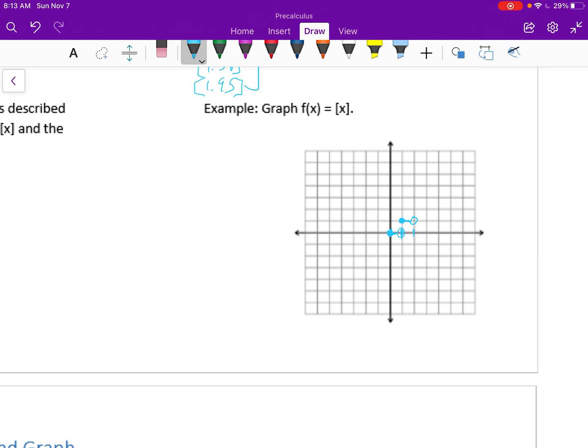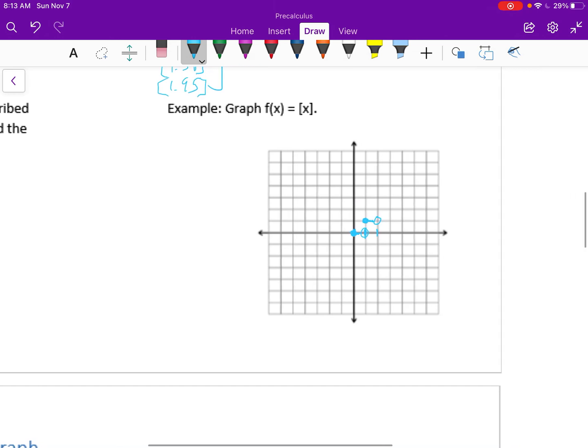That's an open circle. Anything between 2 and 3, 2.1, 2.3, 2.4, whatever those x values are, they'll round down to 2, so our y value would be 2. And that pattern continues, so the graph of the general piecewise function looks like this.